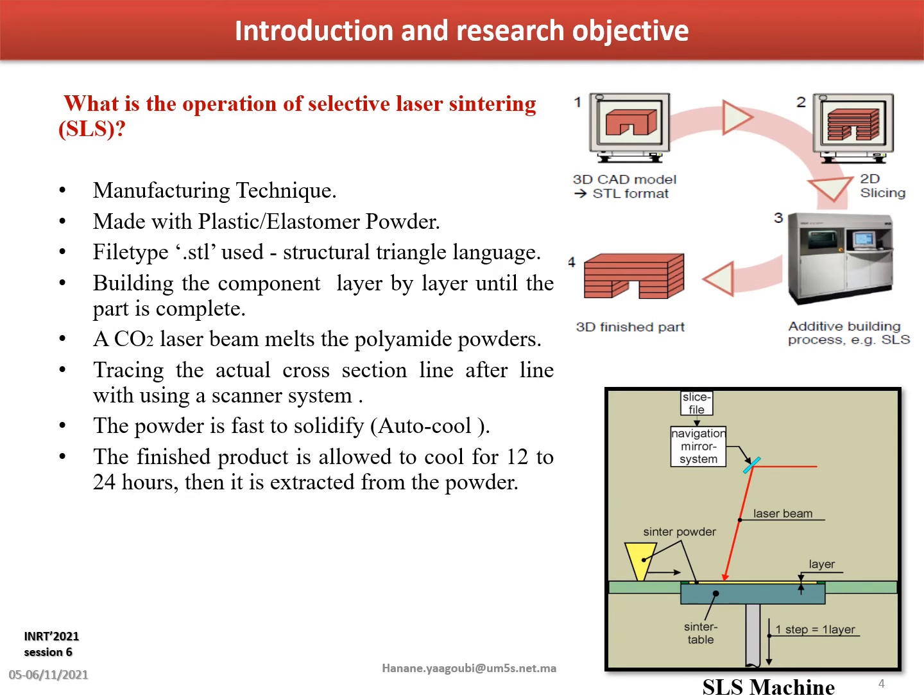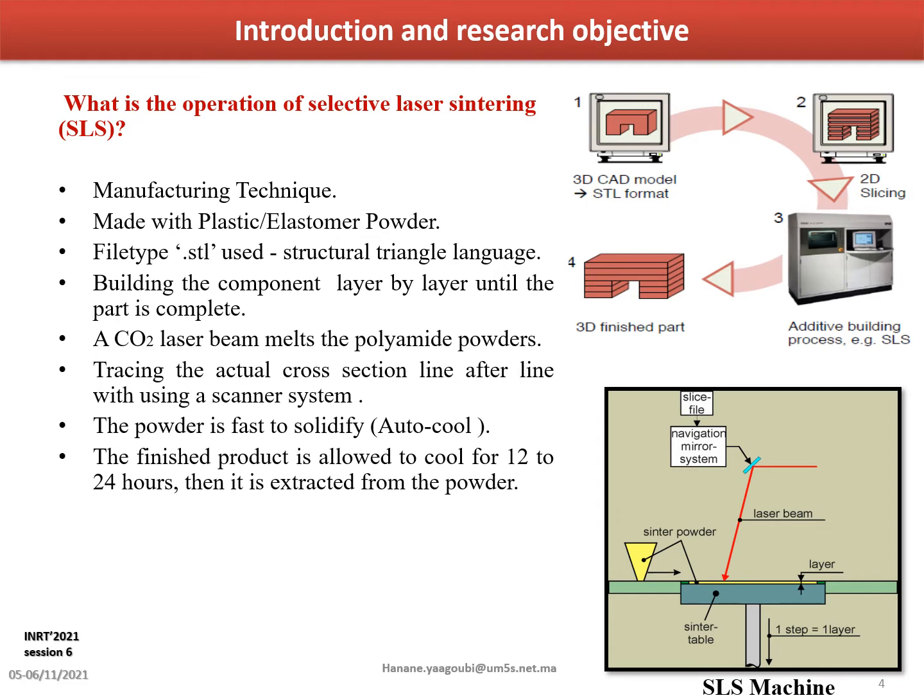So what is the operation of the selective laser sintering process? Selective laser sintering is a manufacturing technique made with plastic and elastomer powder, which uses the STL file, a triangle language produced by 3-dimensional modelization software, for building the component layer by layer until the part is complete.